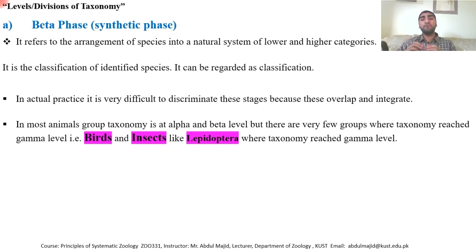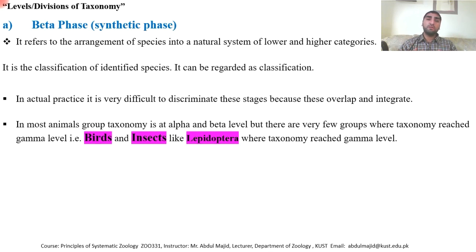But there are very few groups where taxonomy reached gamma level, like birds and insects, such as the orders Lepidoptera, Coleoptera, Isoptera, Dermoptera, and Diptera. So their taxonomy reached gamma level. Maybe in some fishes also it reached gamma level, and maybe in some other groups, but not in all groups.